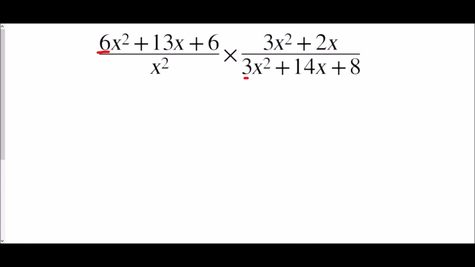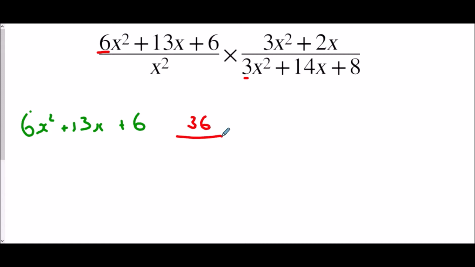And in this situation, this is a multiply, so I don't need to do any copy, change, flip. I just need to leave it exactly as it is. But the first thing I do need to do is to factorise. And so the first thing I want to do is just factorise the expression 6x squared plus 13x plus 6. So 6 times 6 is 36.